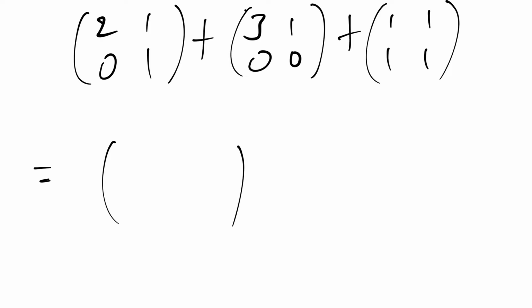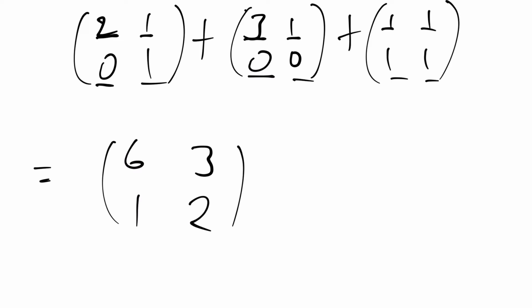If you compute, same concept, elements with the same corresponding positions are added together. We have 2 plus 3 plus 1, that's 6. Then 1 plus 1 plus 1, that's 3. 0 plus 0 plus 1, that's 1. 1 plus 0 plus 1, that's 2. So that's how you find your answer.